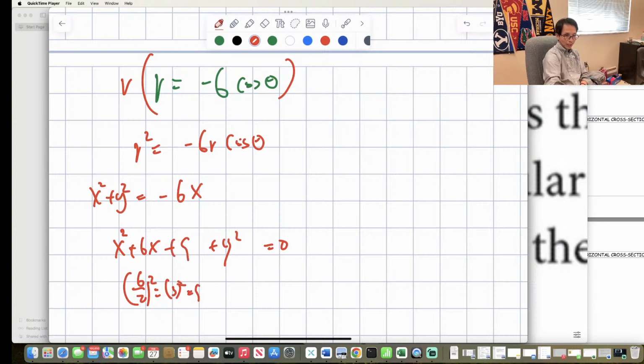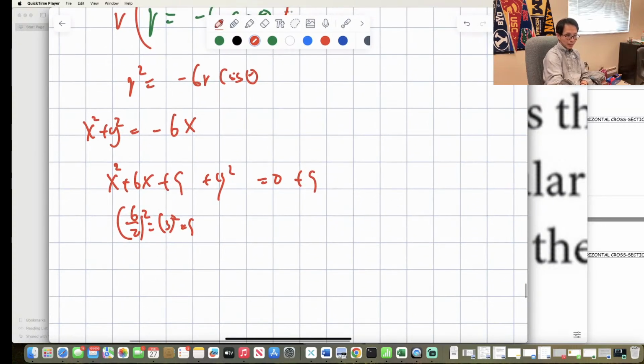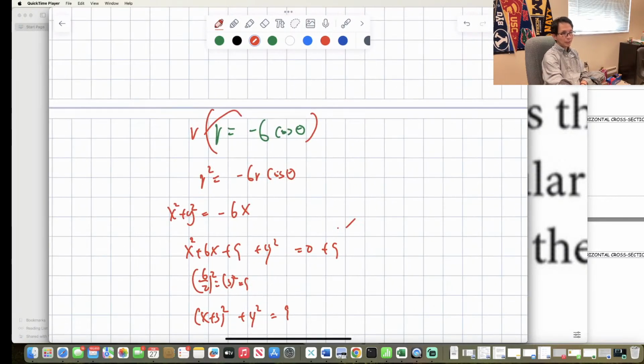So x plus 3 squared plus y squared is equal to 9. It's a circle with center at -3 and radius of 3. If you graph this on your calculator, it gives you a circle shifted to the left with a radius of 3.